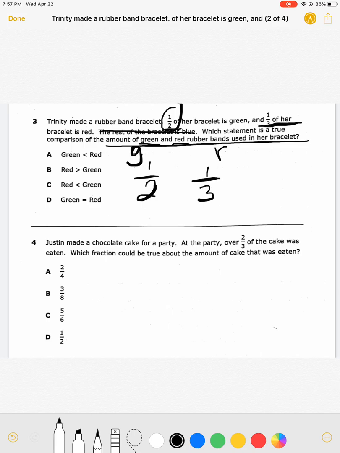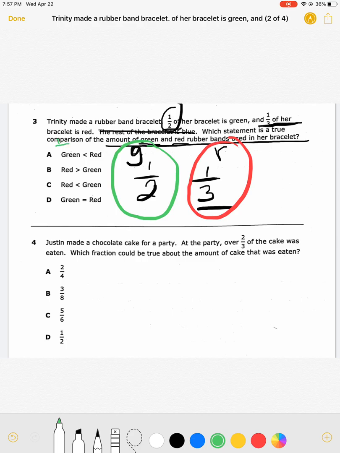And 1/3 is red. I can color code this. Now I'm going to write it over here. 1/2 and 1/3.